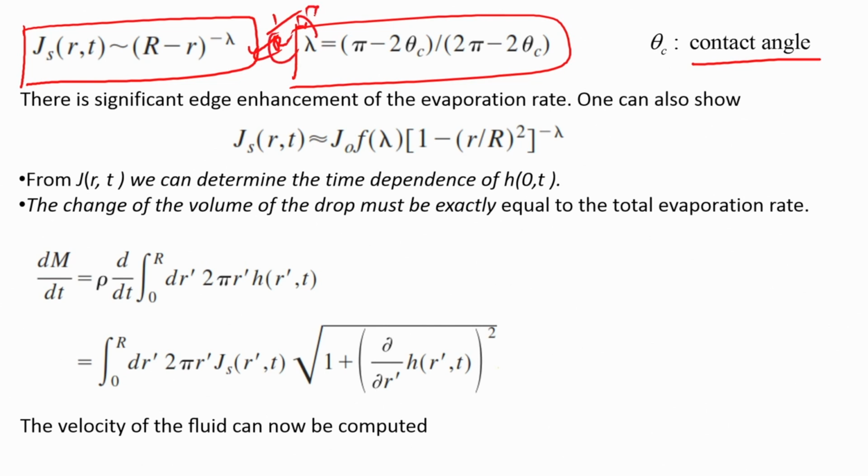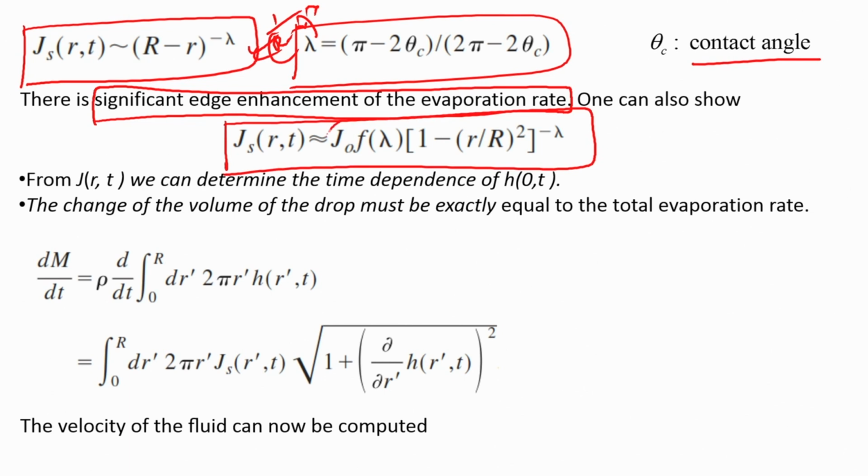So, it blows up when r approaches capital R. There is significant edge enhancement due to the evaporation, which makes sense because the evaporation rate will be very high. He also showed that this is given in terms of the normal flux multiplied by this additional factor. So, this is the solution that he found for J_s.